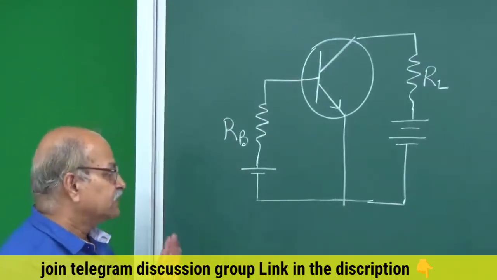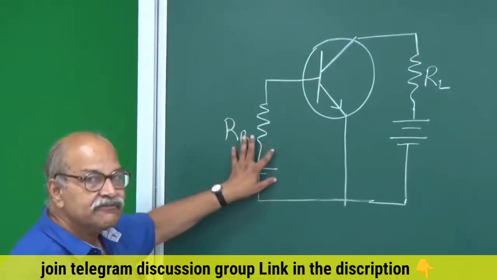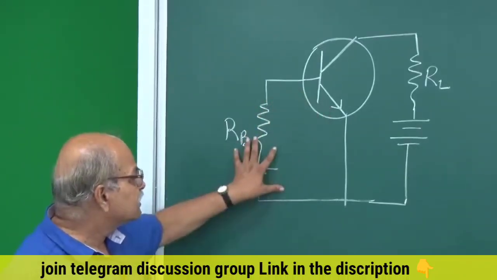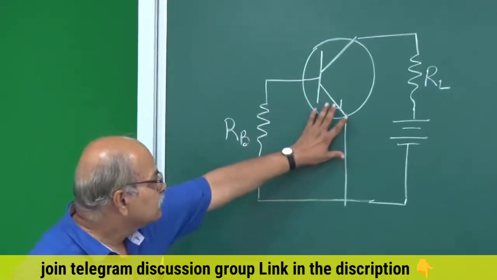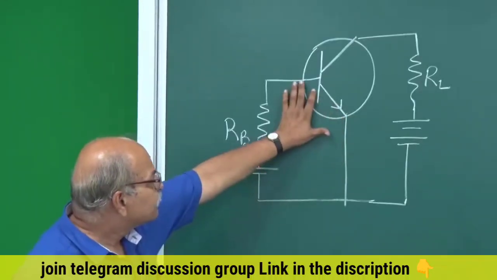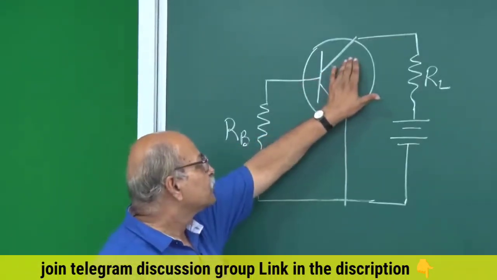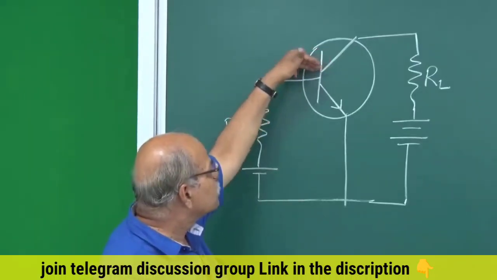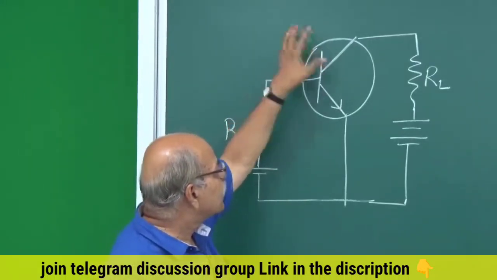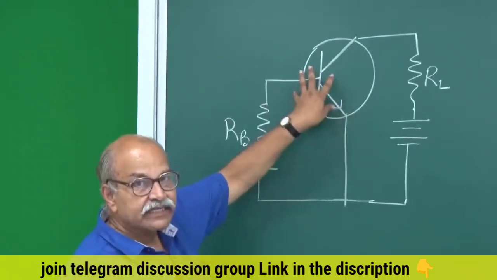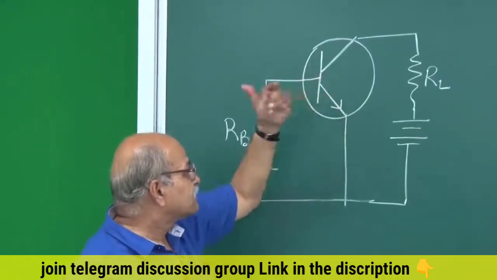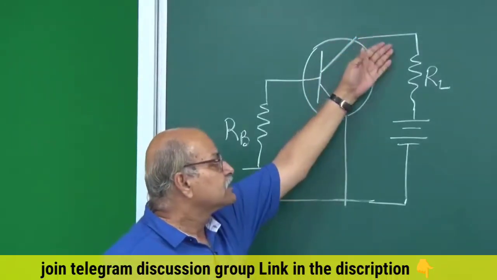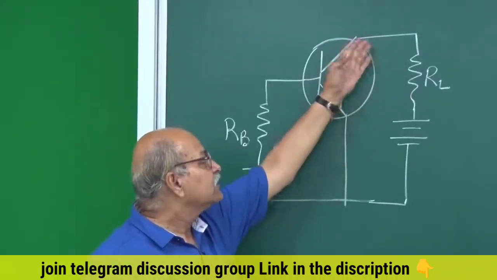Then we have the active region. If you have a sufficiently forward biased base circuit, this base emitter junction is sufficiently forward biased, there are a lot of electrons injected from here to here, and the collector is also sufficiently reverse biased. This collector base junction is sufficiently reverse biased, so that when the electrons are injected, a good fraction of that, decided by beta, is taken up by this circuit, and then you have a current.